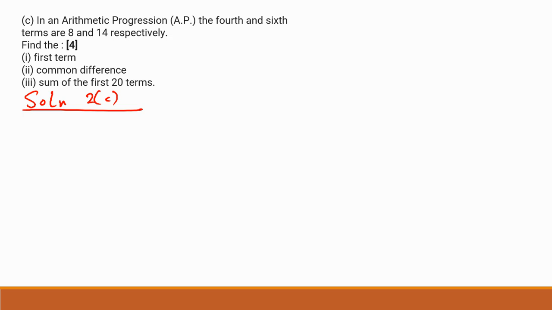So it's saying find the first term, common difference, and sum of the first 20 terms of an AP series. The fourth and sixth terms are 8 and 14 respectively.